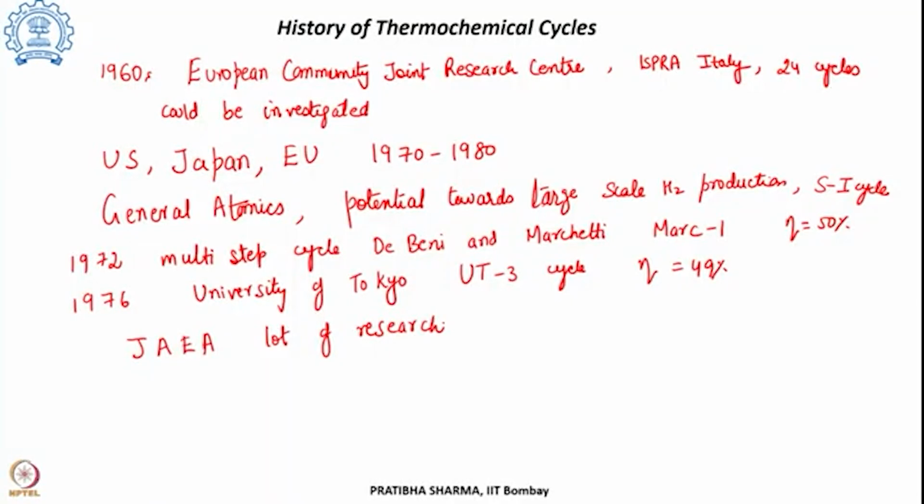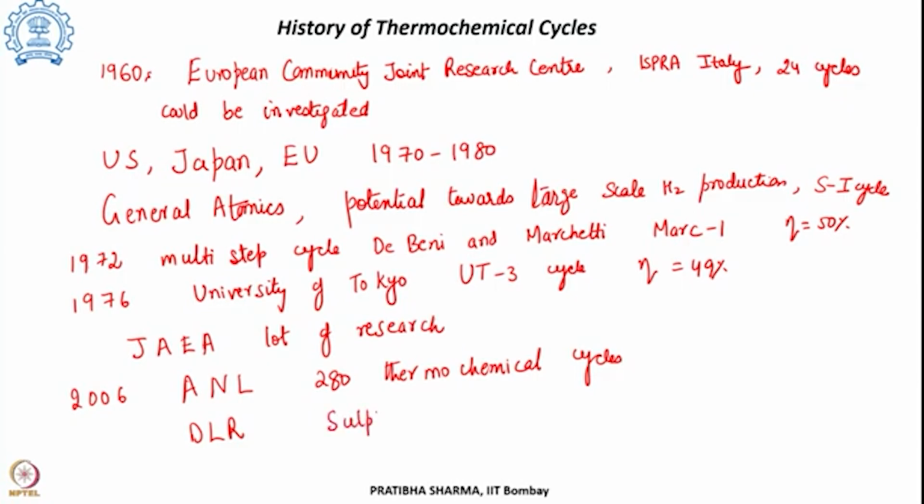It was in 2006 that Argonne National Lab reported about 280 thermochemical cycles for further studies. Also, DLR Germany, the German Aerospace Research Center, worked for 2 decades on the sulfur based cycles as well as on metal oxide thermochemical cycles.